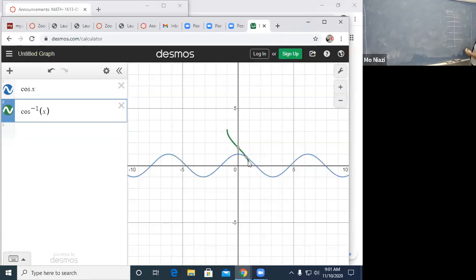What is tangent of 0? That's sine of 0 over cosine of 0. That's 0 divided by 1, which is equal to 0. What about for all the other ones? Pi over 6, pi over 4, pi over 3, pi over 2. What is the tangent of pi over 6?